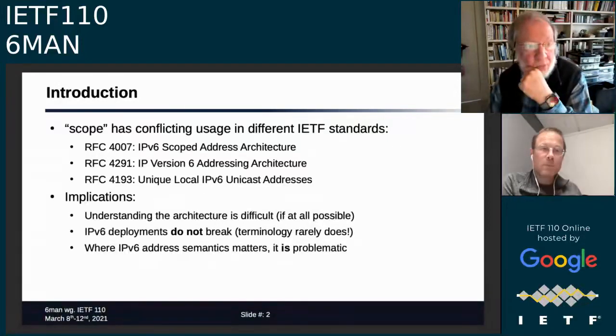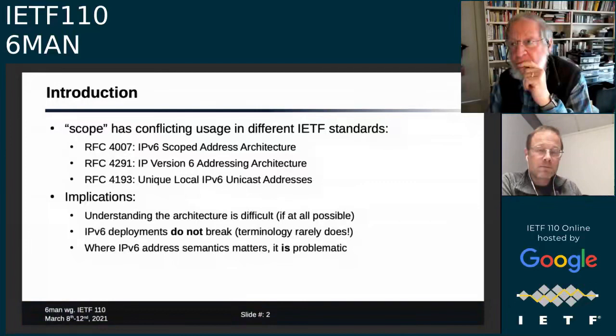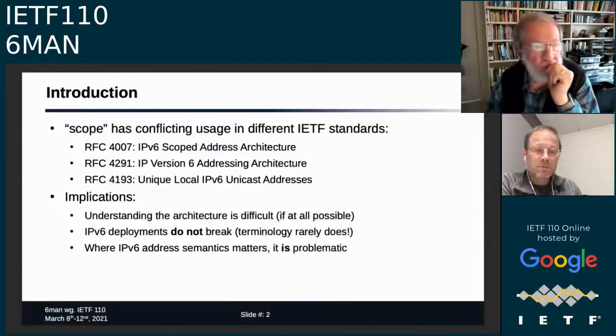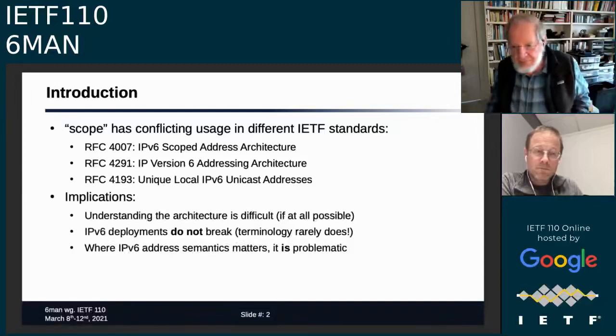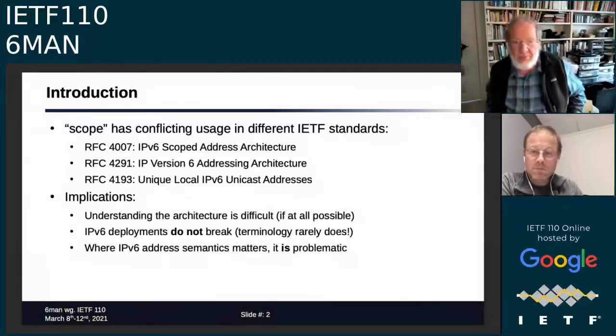Now, if you wonder, okay, why should I care about this, or should I care about this? This is how I see it. The issue that we have is that if you try to understand the architecture in this respect, we are talking about the scope, from the current documents that we have, since they are conflicting, that's difficult.